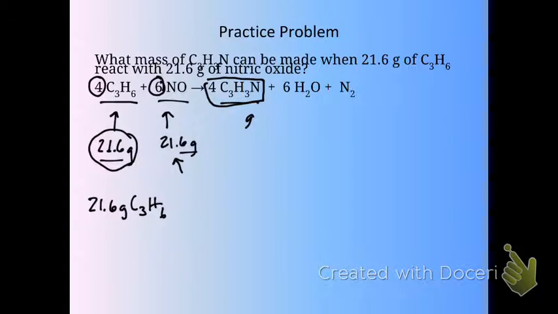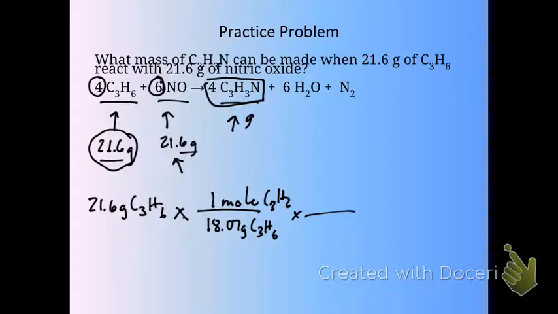What we're trying to do is compare how much product each makes. So I'm going to convert this to moles of C3H3N. That's 18.07 grams of C3H6 per 1 mole of C3H6, times, for every 4 moles of C3H6, there's 4 moles of C3H3N.